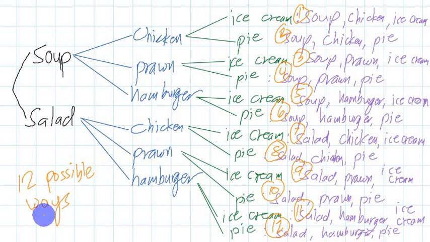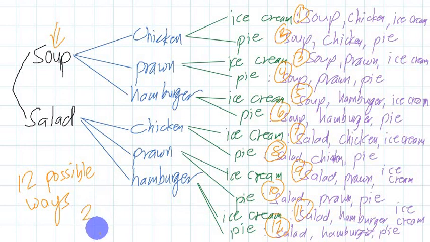Though I don't think you would need to go through all that trouble to figure out that you have 12 possible ways. Think about it. To get to 12, you can actually use the number of choices that we would have. Take a look at this one.